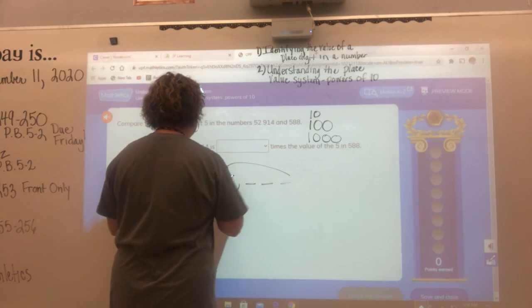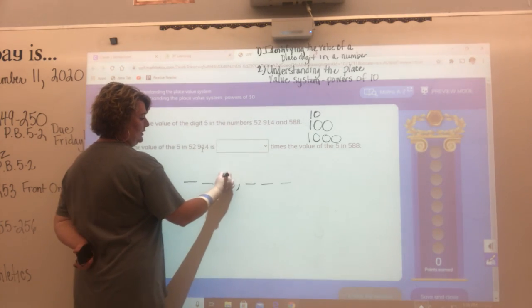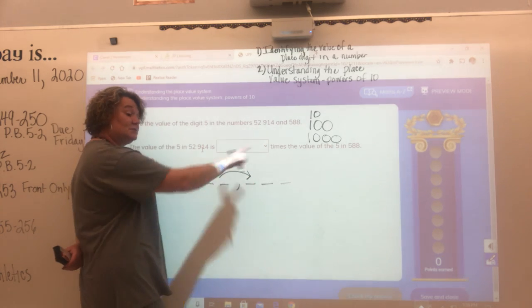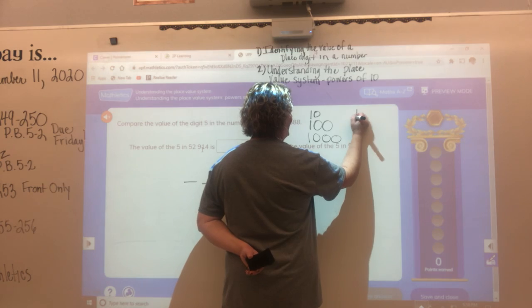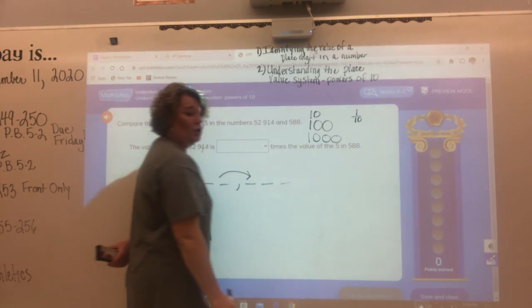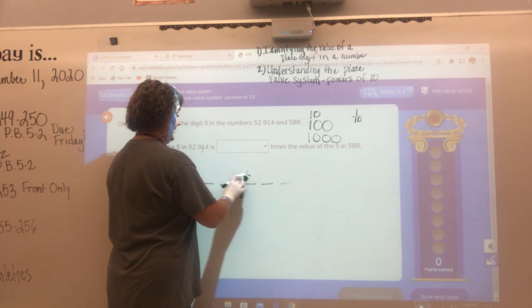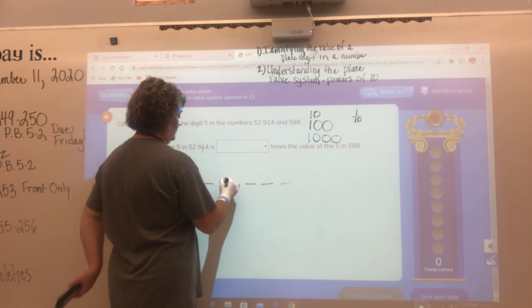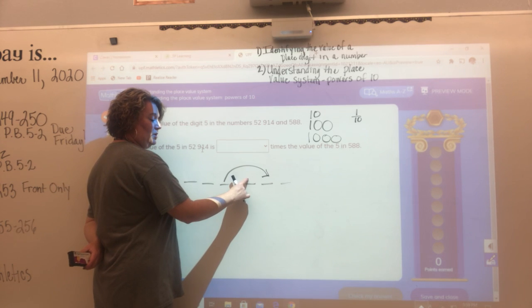Now let's go the opposite way. What if I'm up here and I'm going this way? I'm getting smaller like I showed you before. So that would be 1/10 smaller if I go 1 digit. What if I go 2 digits there? What if I went from here 2 digits down? Well, that's 1/10 smaller.